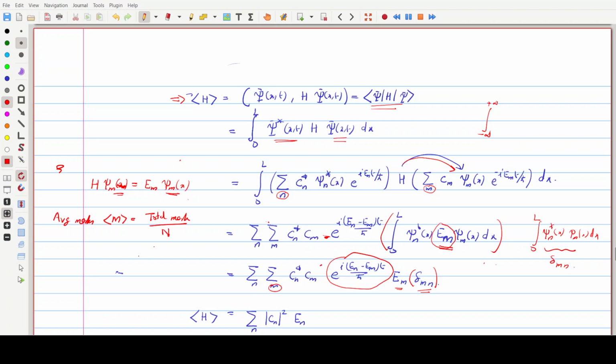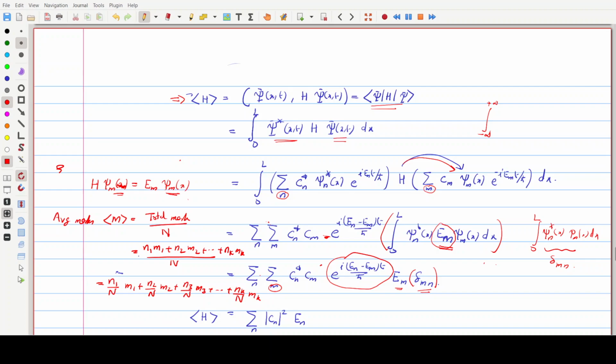Let the total students be capital N. Let N1 be the number of students with M1 marks, and N2 the number of students with M2 marks, plus etc., then Nk with Mk marks, divided by total N. This value can be written as N1 by capital N times M1, plus N2 by capital N times M2, plus N3 by capital N times M3, plus etc., Nk by capital N times Mk.